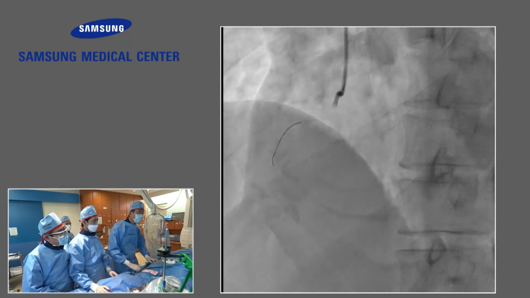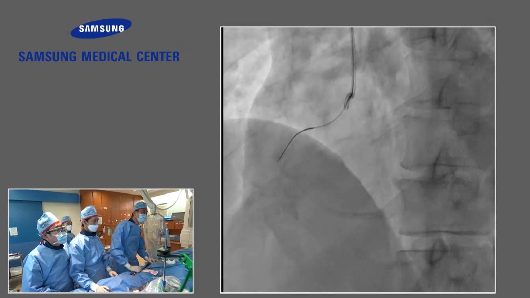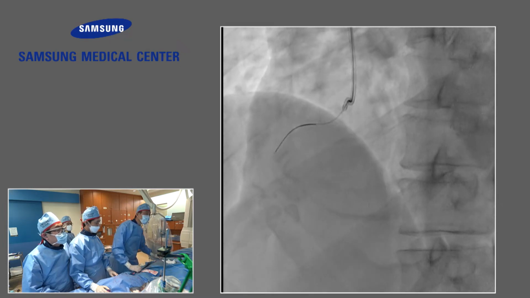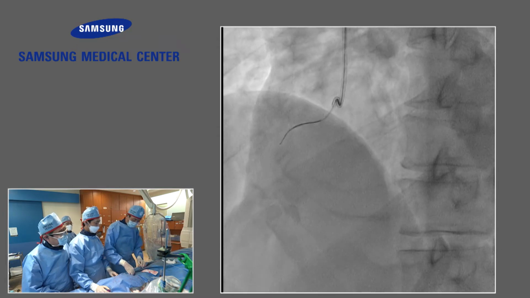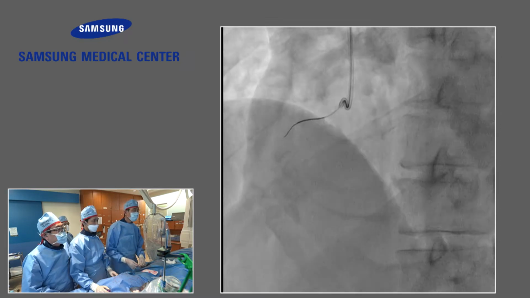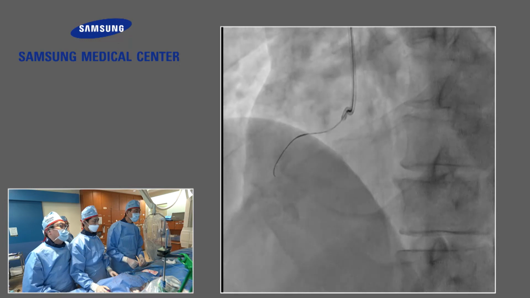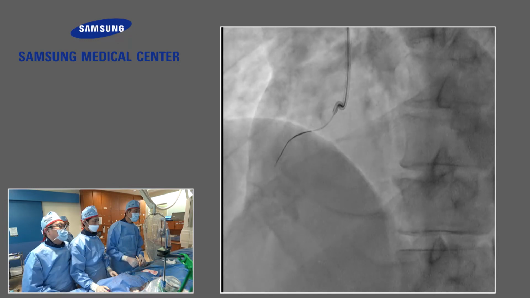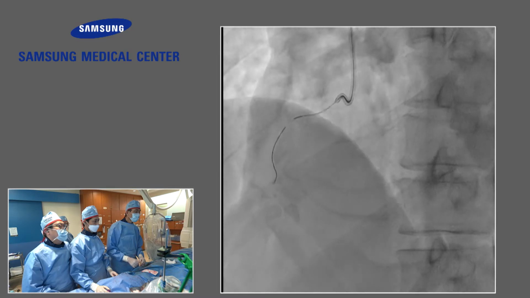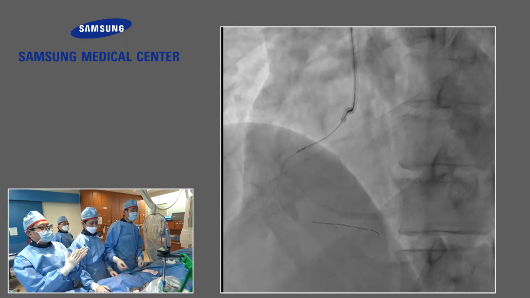No, I have a Corsair. I forgot that. So guiding more deeply will improve the trackability of the wire. Okay, finally got here.